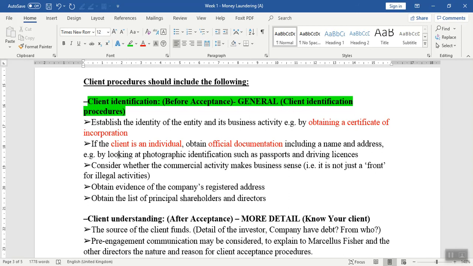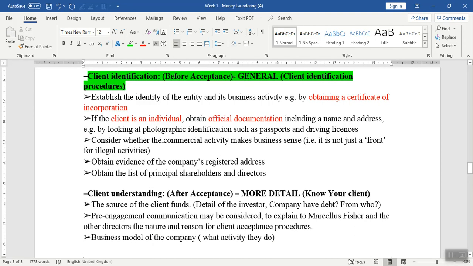Okay, because a lot of people have so many identities. So you also have to consider whether the commercial activity makes business sense or not. Like nowadays a lot of shops in front are selling food, nasi goreng, maggi goreng, but at the back is a gambling shop or gambling cafe. Actually they are covering the money.